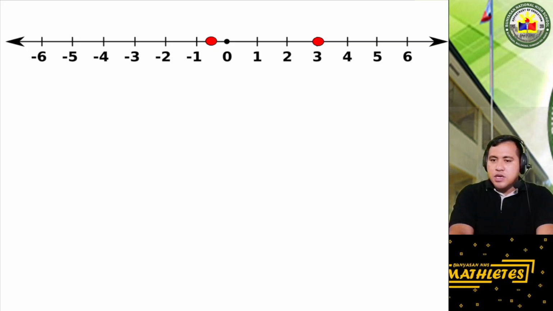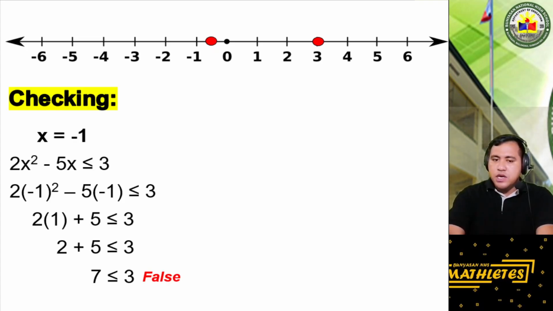Now, we will test or choose a number from each interval, including the roots of our quadratic equation. For this interval, since negative 1 is nearest, we will choose it for solving.